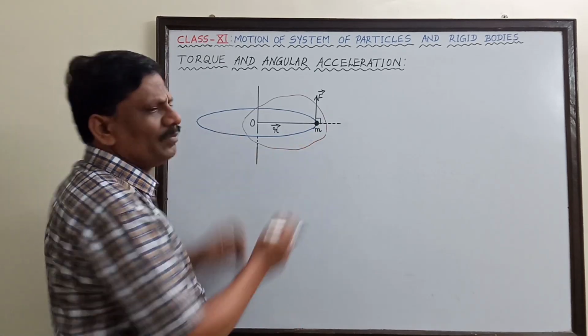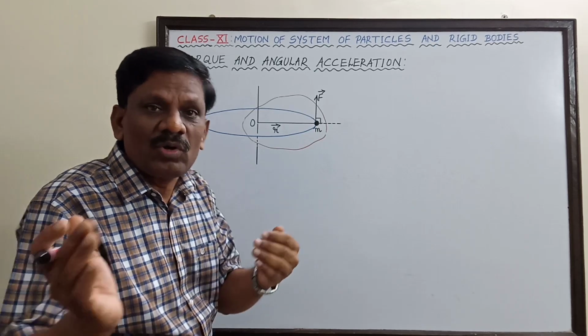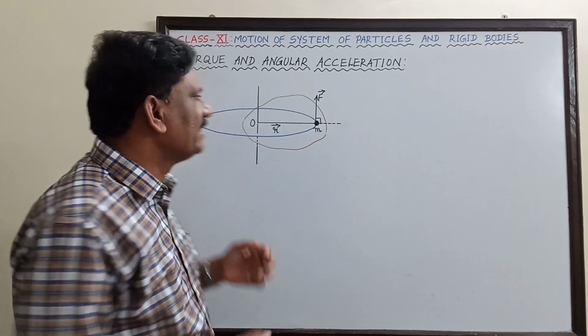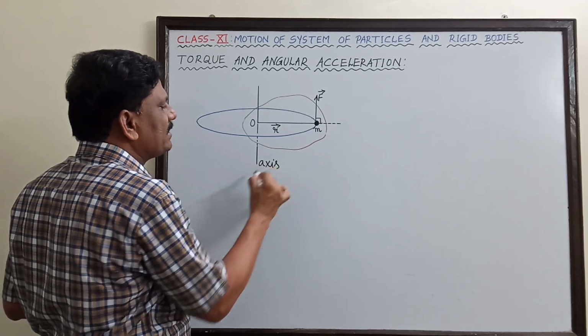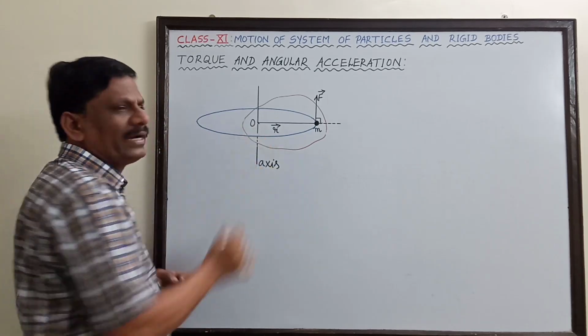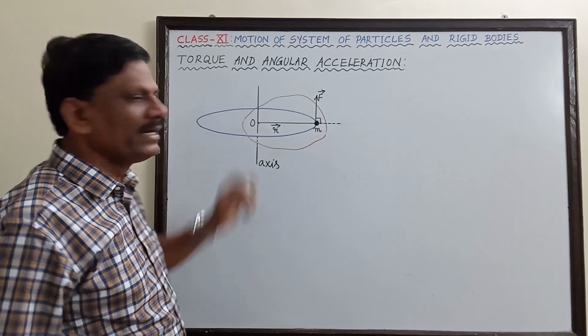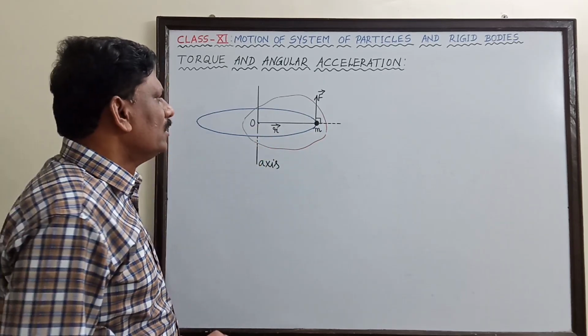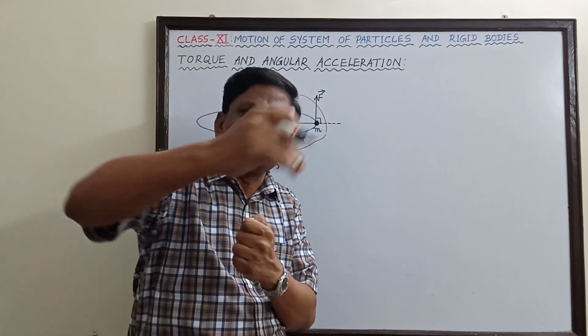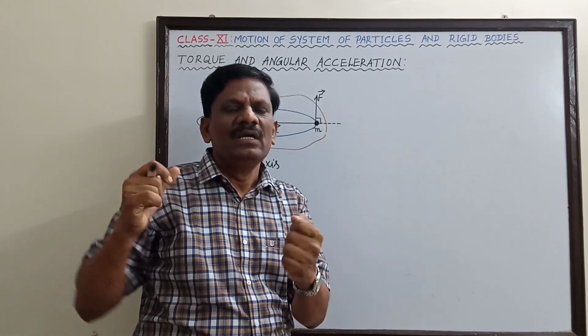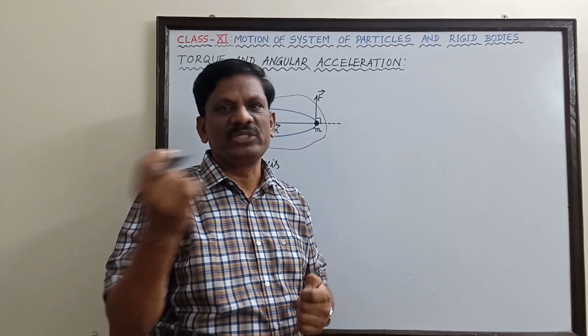When the entire body rotates about a fixed axis or point, the fixed point about which the particle is going to rotate is O. When the entire body is turning, each and every particle present in the body will make circular motion.